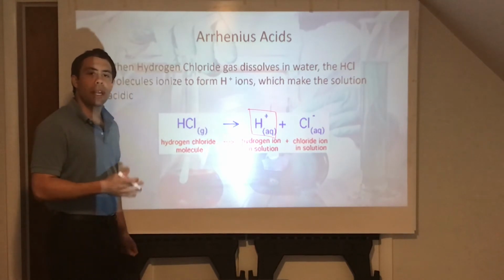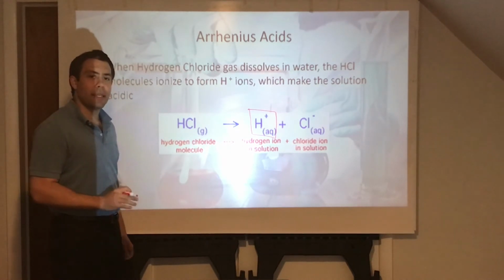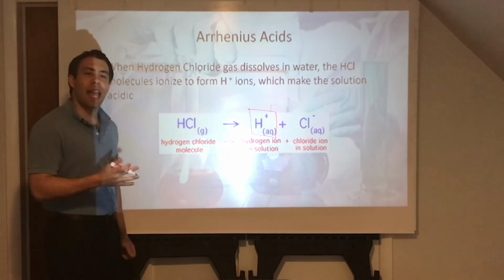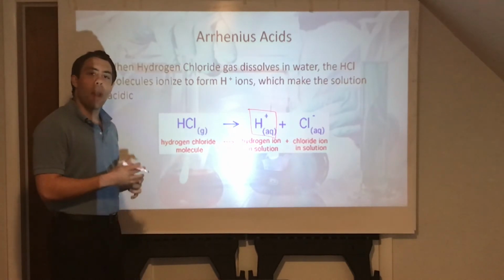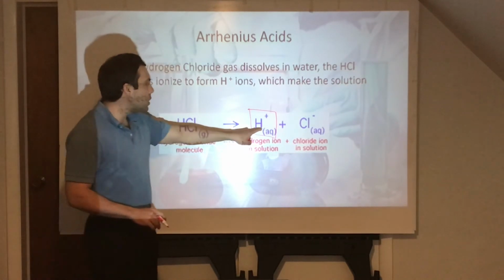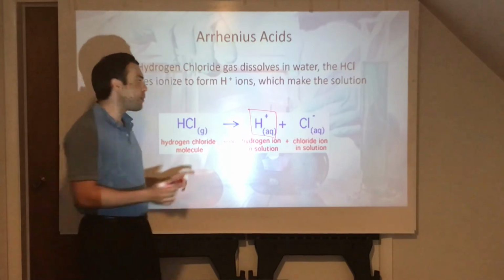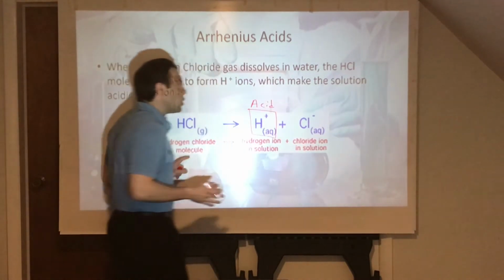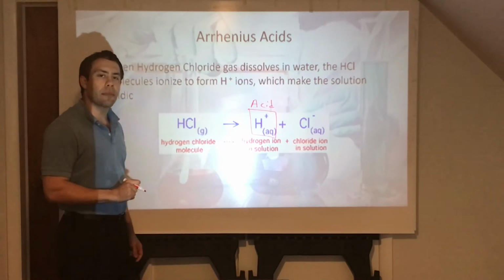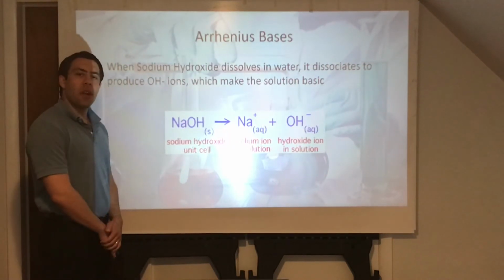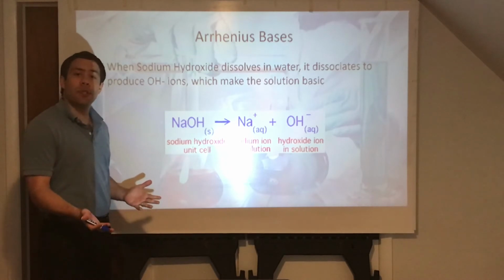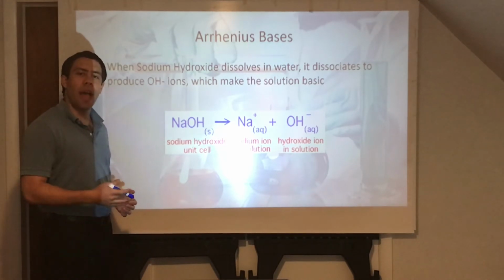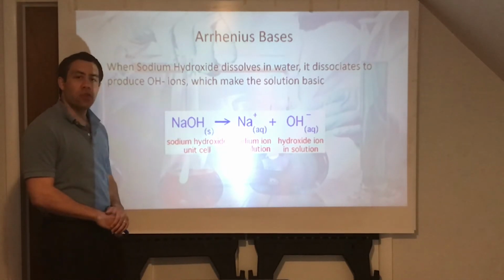Now according to Arrhenius' theory of acids and bases, an Arrhenius acid is any substance that, when dissolved in water, dissociates into H plus ions. So this H plus ion makes the solution acidic. An example of an Arrhenius base, and the first base on chemistry reference table L, is sodium hydroxide.